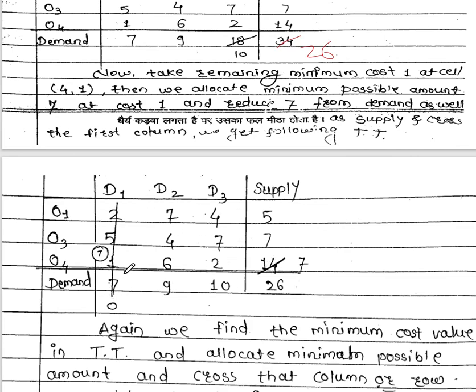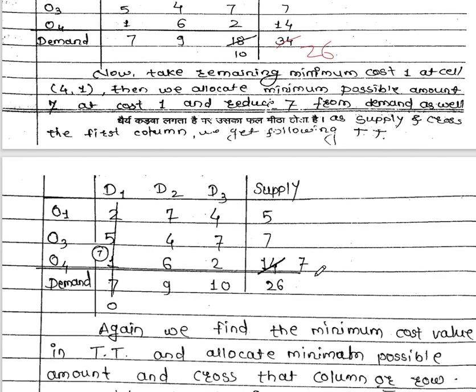Okay, so here the demand is 7 and here it is 14. So the minimum possible amount is 7. Therefore we will allocate here the minimum possible amount 7 at 1. Then subtract from demand as well as supply. So here 7 minus 7 will become 0 and 14 minus 7 will become 7.